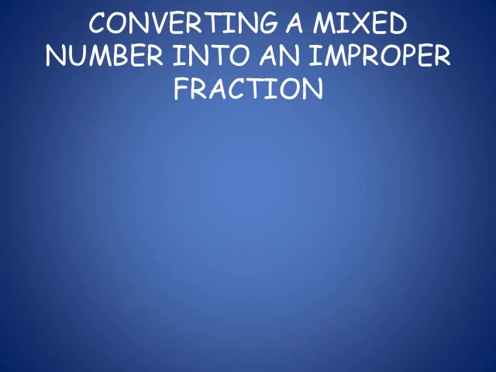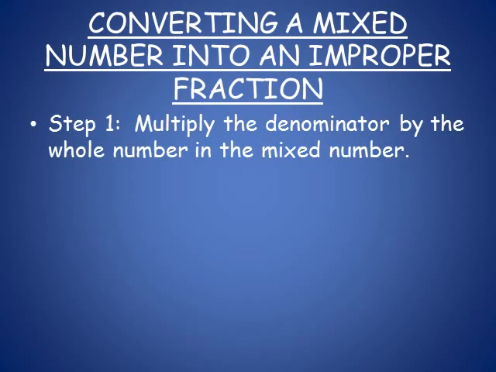So let's learn how to convert a mixed number into an improper fraction. In step 1, we're going to multiply the denominator in the fraction by the whole number in the mixed number.